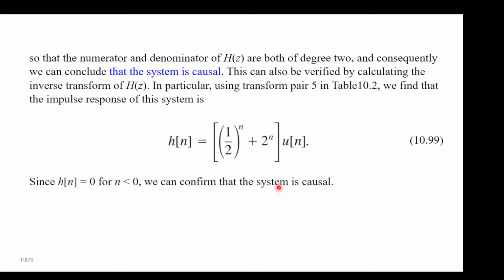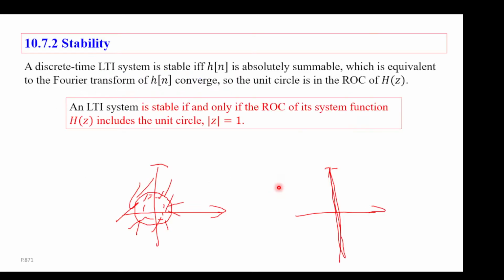If not, then let's see stability. Stability is quite easy. Just like in the Laplace transform case, the system is stable if and only if the ROC includes the Fourier transform part, which is the unit circle, so z equal to 1.